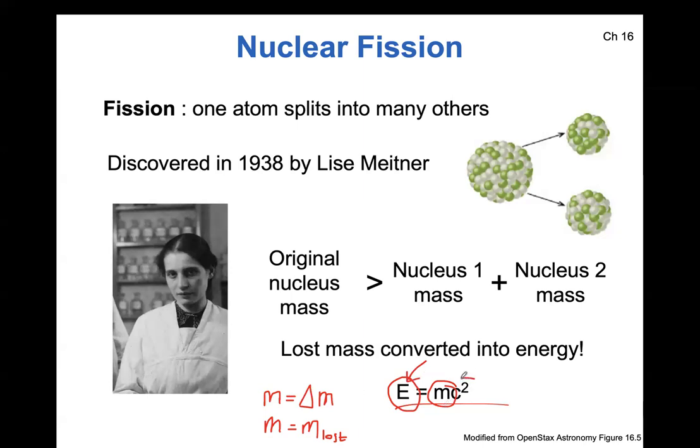And the only thing needed to do that is one little proportionality, which is the speed of light squared. As long as you multiply the M by the speed of light squared, you'll get the energy that is created, in a sense, from the loss of mass. And C, of course, is the speed of light, which is 2.99 times 10 to the 8 meters per second.